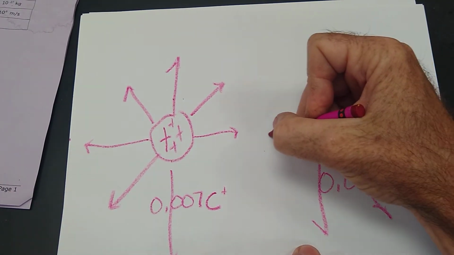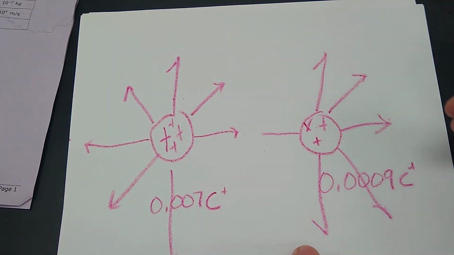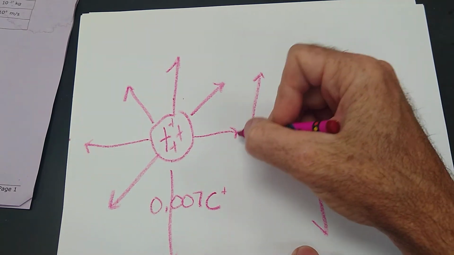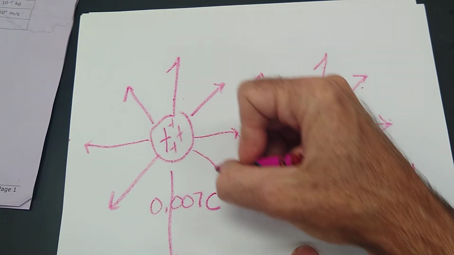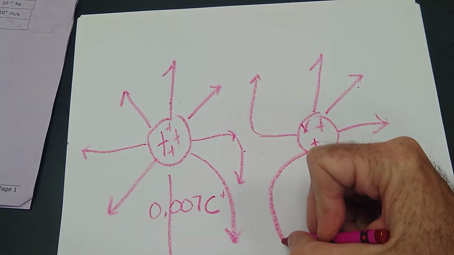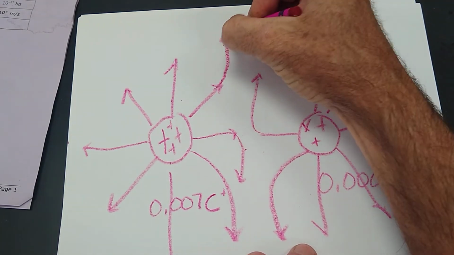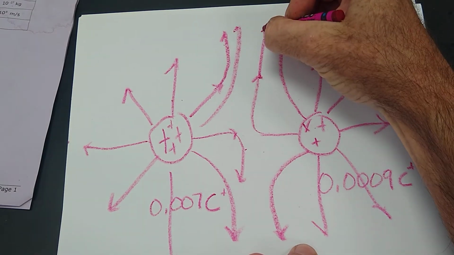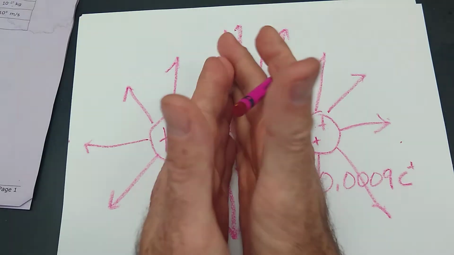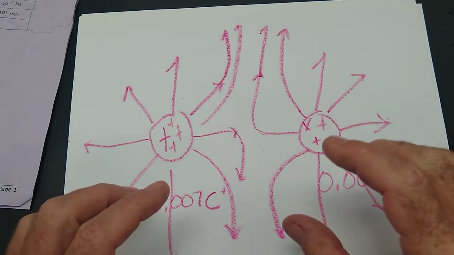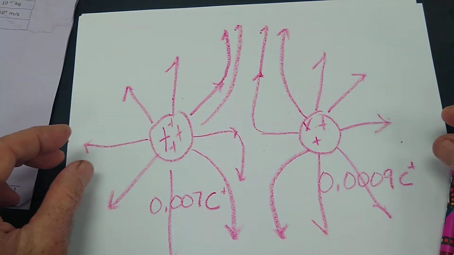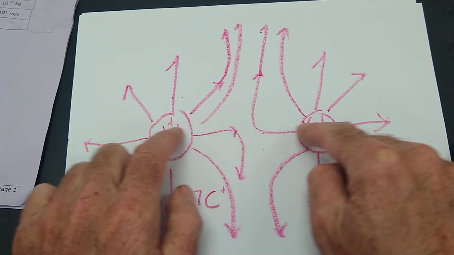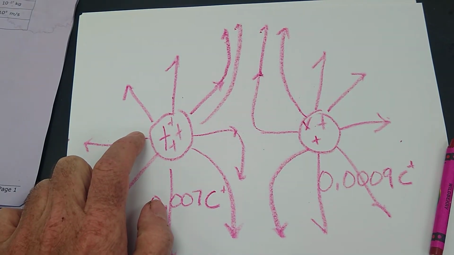If this guy's going that way and this guy's going that way, then these two are going to turn away from each other, because like charges repel, don't they? So these two guys are pushing apart, like two magnets turned the wrong way. Same thing with charges.